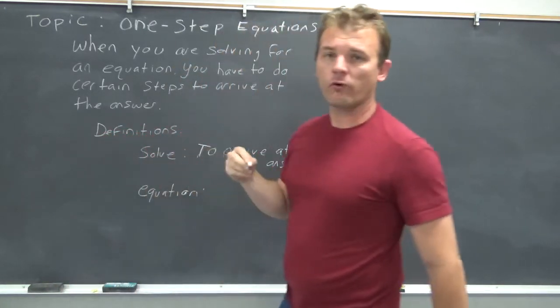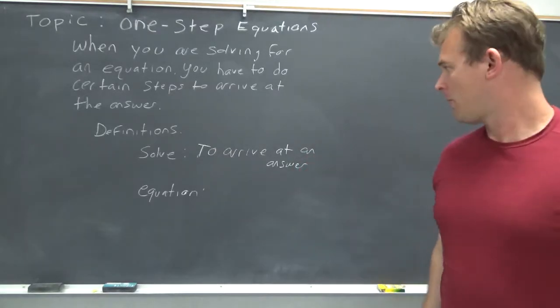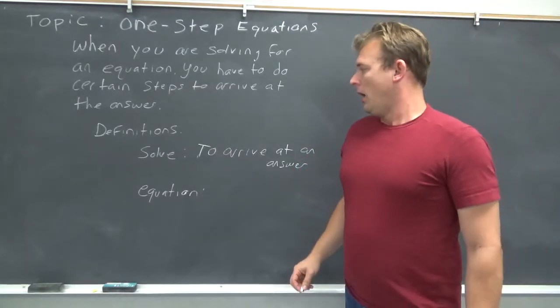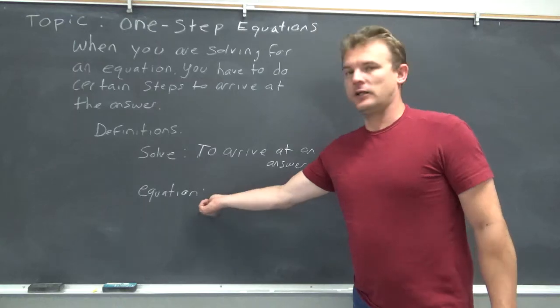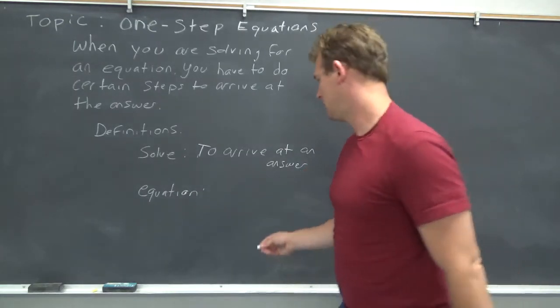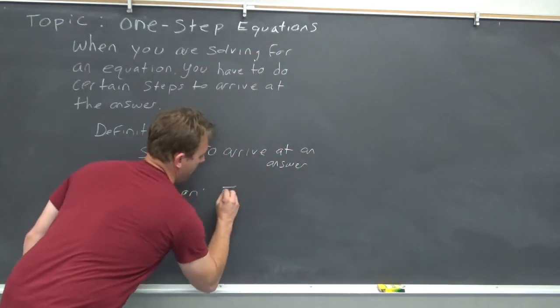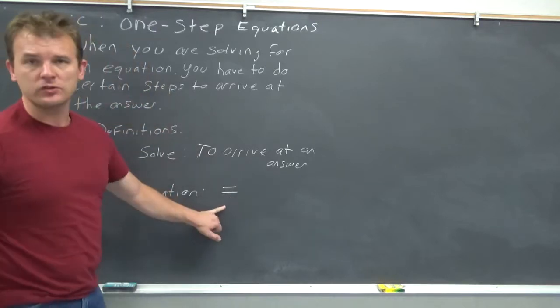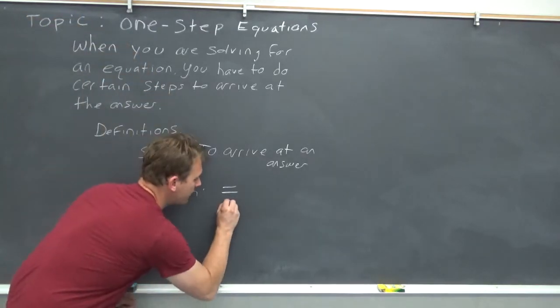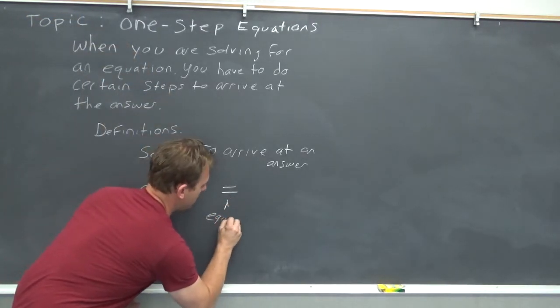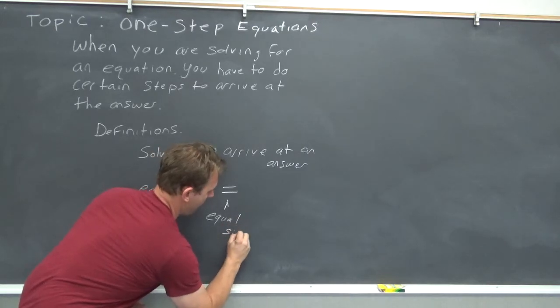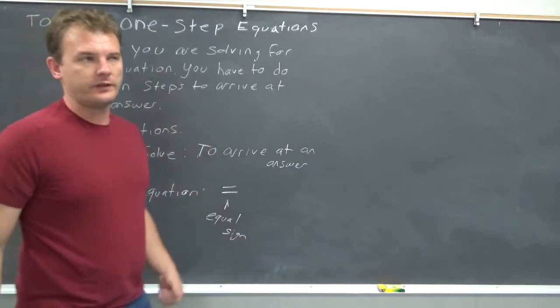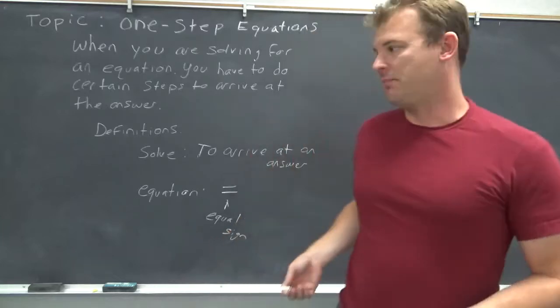So you are arriving at an answer. And what is an equation? Well, an equation is something that has to do with an equal sign. So this is what we call an equal sign.